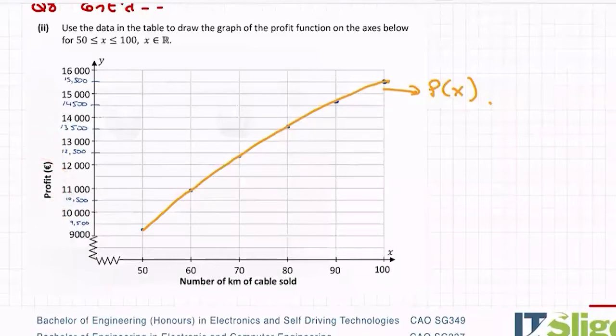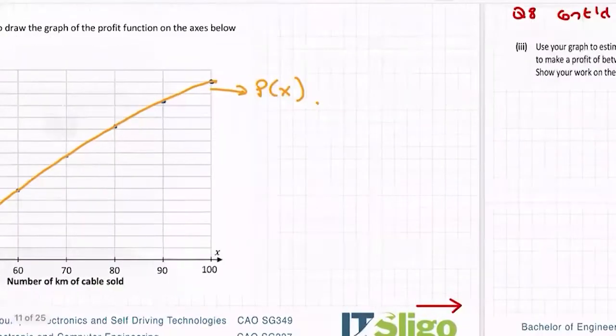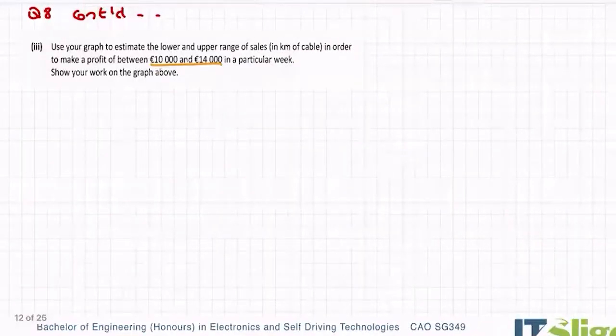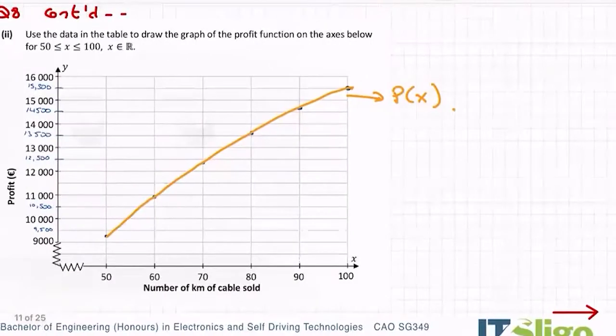If they give me money and ask me something about the graph, I'm going to read the graph from this side. If they give me a number of kilometres of cable and ask me to find out something about it, I approach the graph from this side. Let me use this example to explain what I mean. They're saying use the graph to estimate how much cable is sold to make a profit between 10 and 14. So 10 and 14 is money. So I'm going to approach the graph from this side.